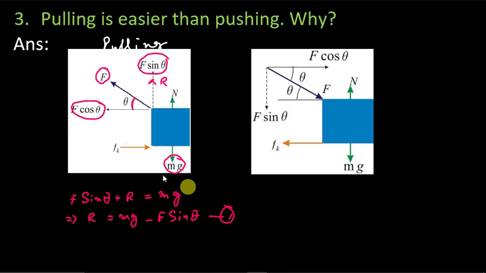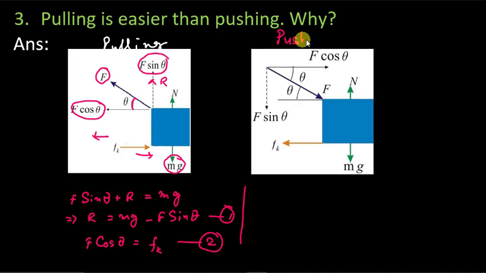Now F cos theta is acting along this, and the force of friction is acting along this. We can also write another equation, that is F cos theta equals force of friction. So this is equation 2.